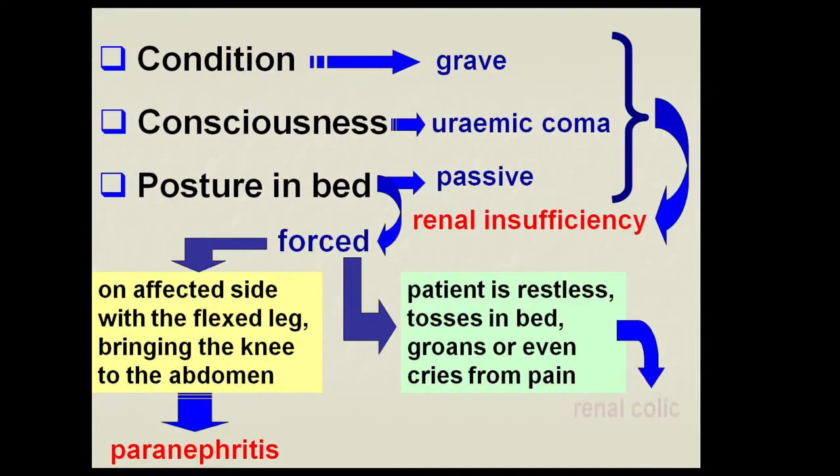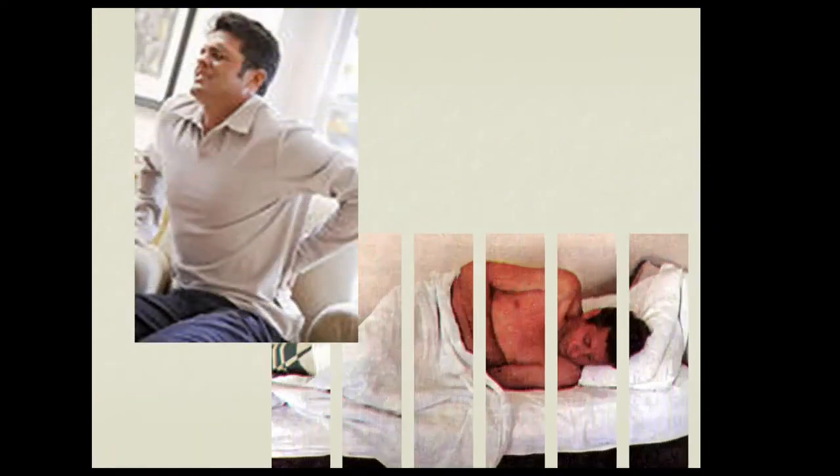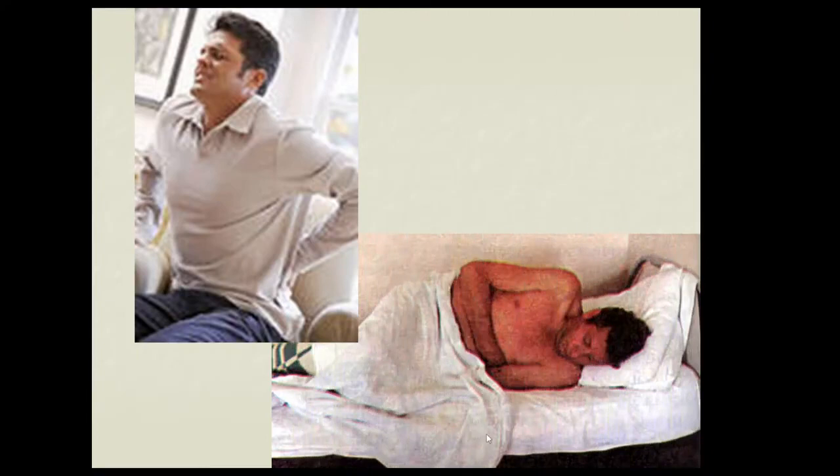Such forced posture is characteristic for the patient with renal colic, with nephrolithiasis, or may be characteristic for movable kidney, but after some time, a definite position helps relieve pain. You see a patient with renal colic and a patient with paranephritis.